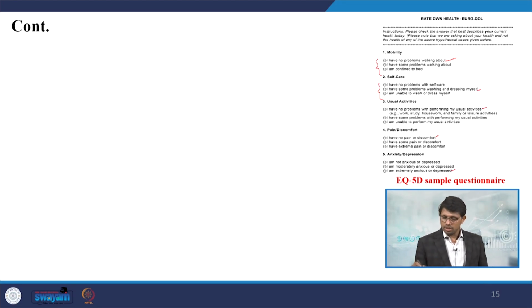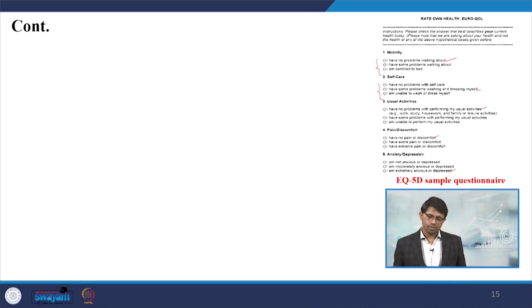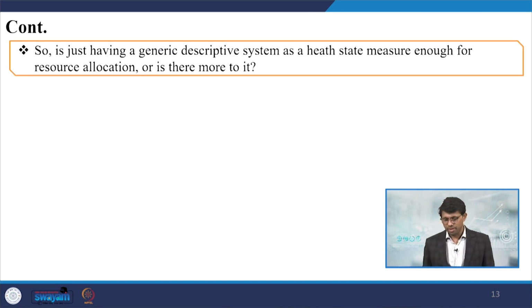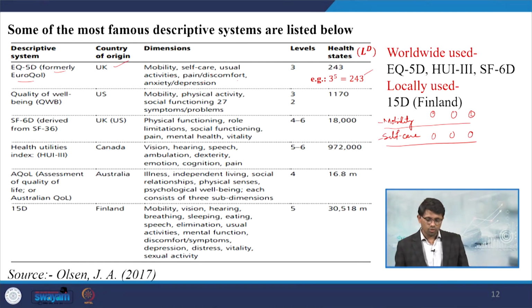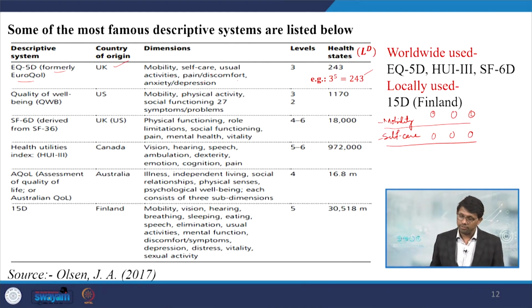Similarly, out of all 5, you will find a person is carrying many combinations. Since 5 types are there, it will be 3 to the power 5, and in total it accounts for a total number of health states of 243.